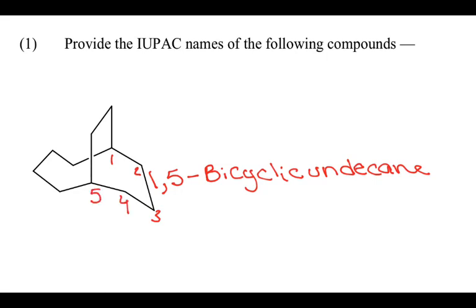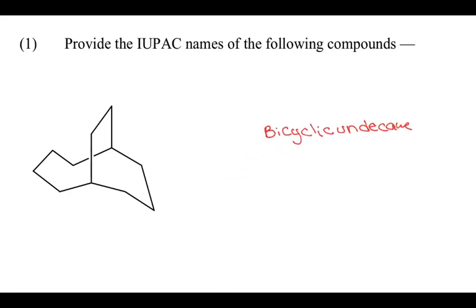You got close, but it's a little different. The bicycloundecane is correct. Now the question is, how do we denote which type of bicycloundecane it is? There's many different bicycloundecanes. So what you do is the following.